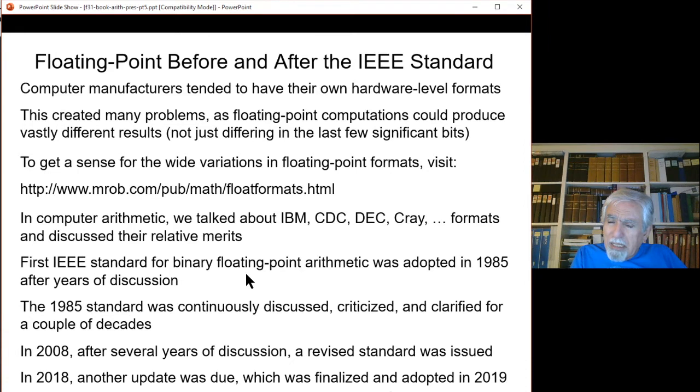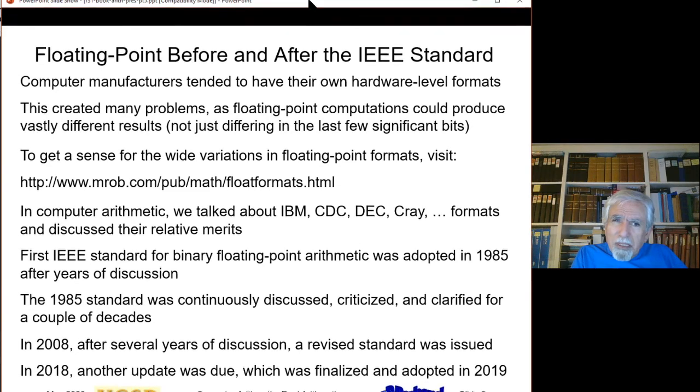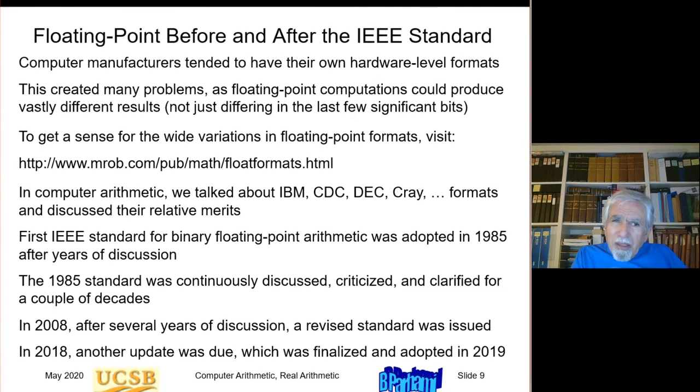The first IEEE standard for binary floating point arithmetic was adopted in 1985 after years of discussion. There was a lot of heated discussion. Basically, each manufacturer tried to make sure that their format was adopted as the standard, and there was a lot of fighting.